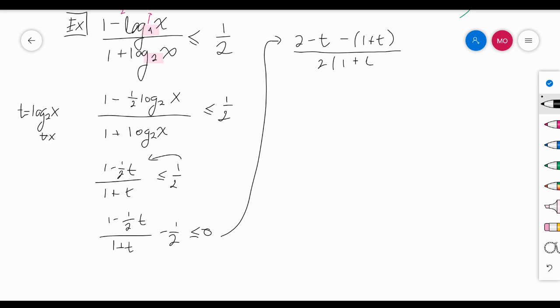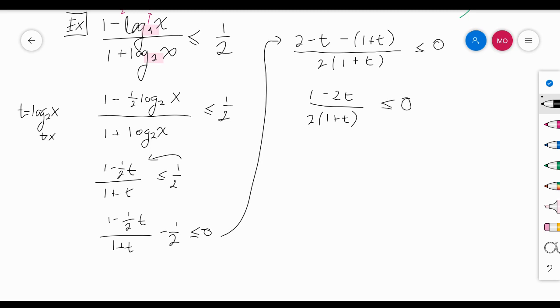I hope you followed that. I just made a common denominator the way you would. I'm going to simplify my numerator. So we get 2 minus 1, which is just 1, and then minus t, which should be minus 2t. All that divided by 2(1 plus t). I'm not going to open my brackets. You can if you want, but it's not going to be very helpful.